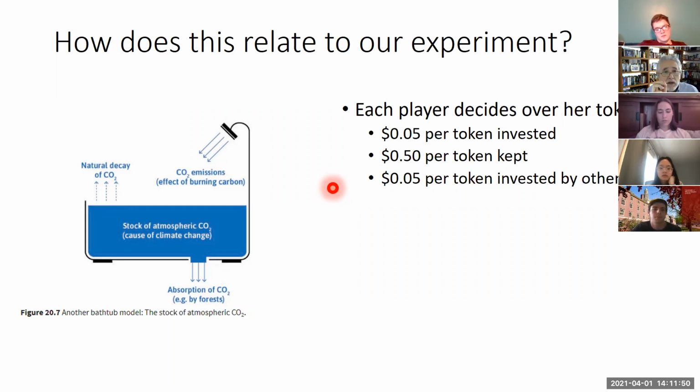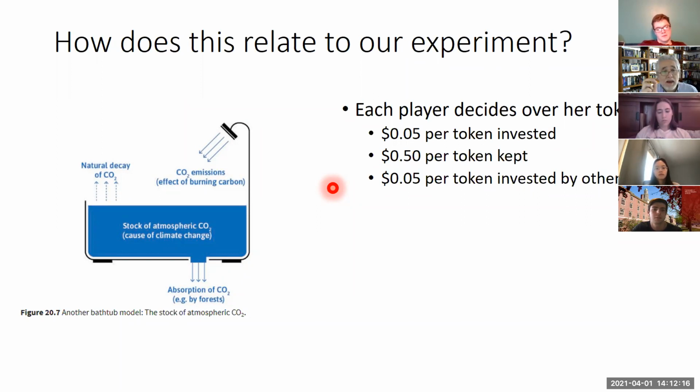But yet, you benefit from every token that the other 19 people put into the investment fund. And that's what makes this very complex, interesting. And this is what we call in economics the classical social dilemma or collective action problem.